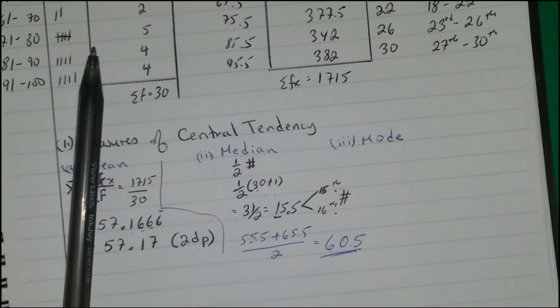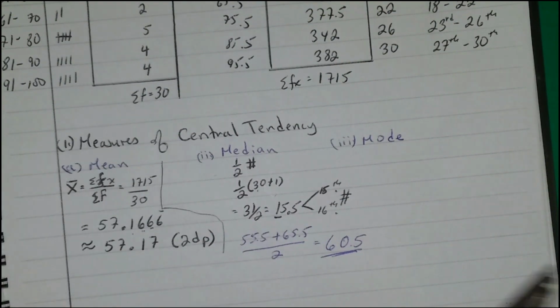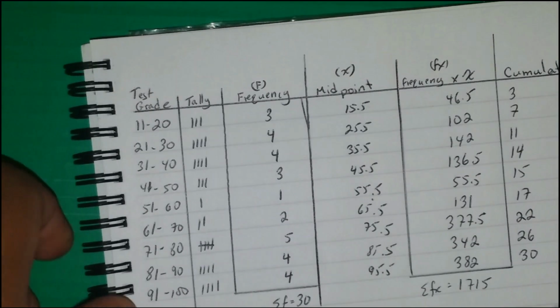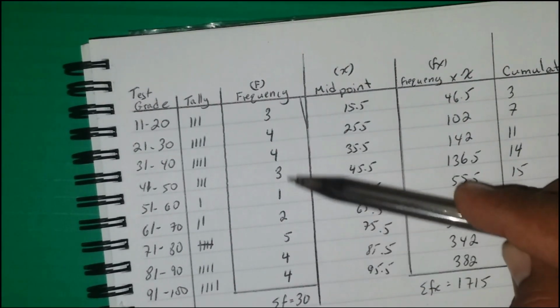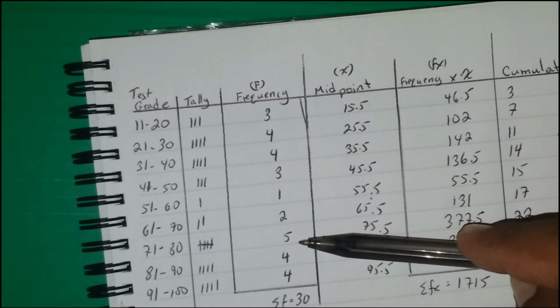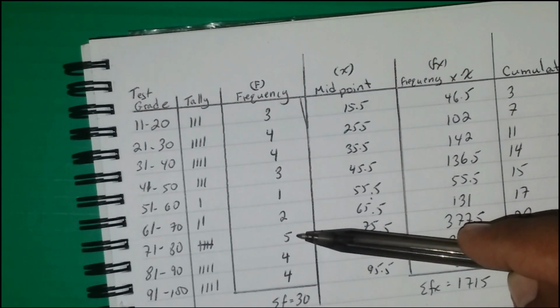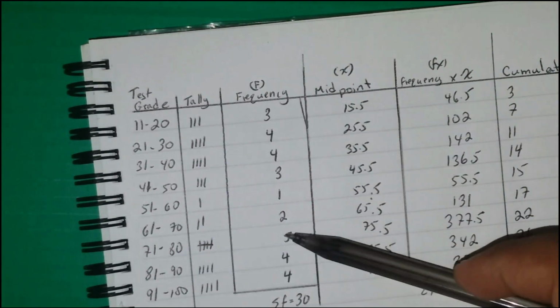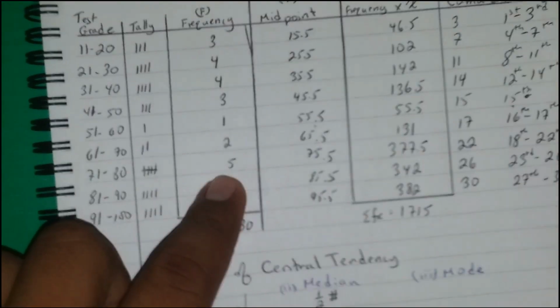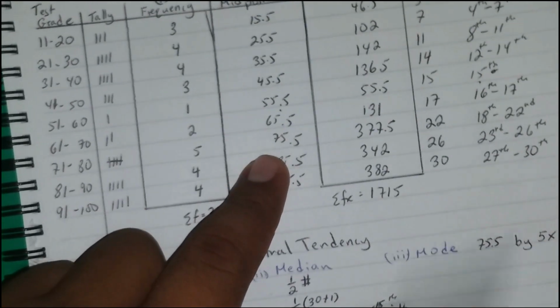The mode is going to be quite easy. Take a look at the frequency. From the frequency, take a look at which one is the highest number, and the highest number that we have is the 5. So that means it's by 5 times, and we're going to use the one that represents the interval. So by 5 times 75.5, right?